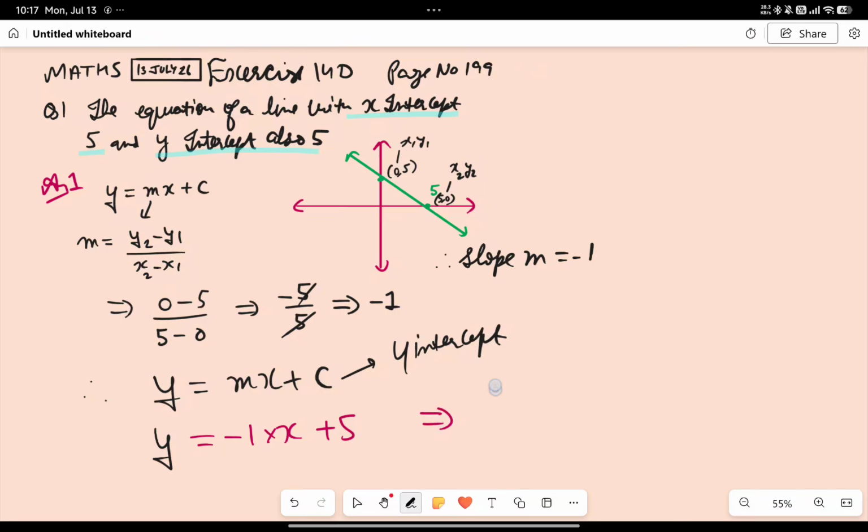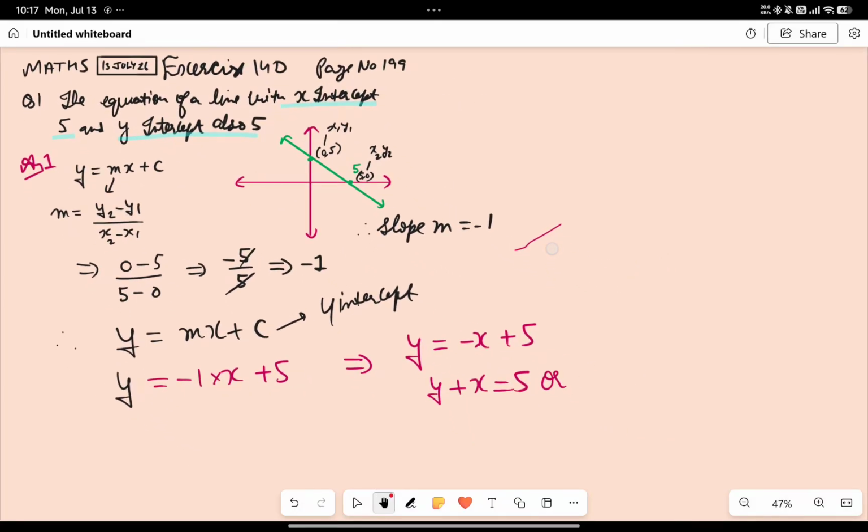So y equal to minus x plus 5. In the next step you can write it as y plus x is equal to 5, or by rearranging, x plus y equal to 5. This is the final answer that you can write.